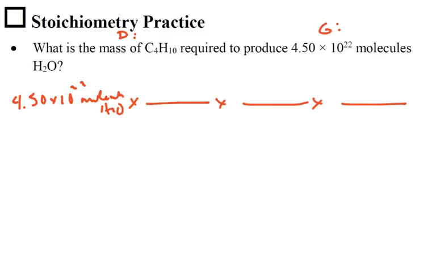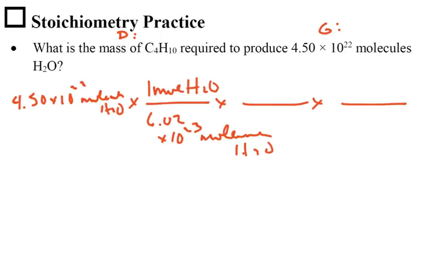So what do I have? Molecules. So I know there is 6.02 times 10 to the 23 molecules of H2O for every 1 mole of H2O. Then my little heart of the problem, moles of H2O.